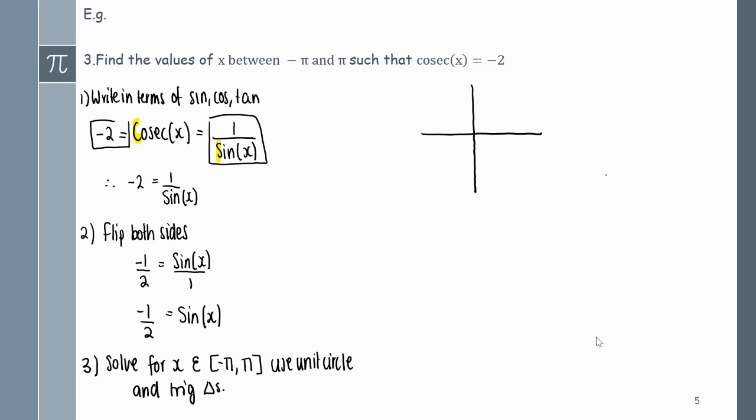Okay, let's draw out our unit circle. Now notice that sine is positive in the first and second quadrant, but I want a negative value of sine, so I'm just going to be looking at the third and fourth quadrant.